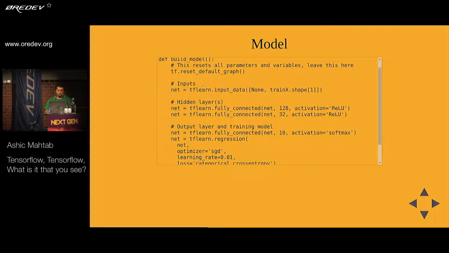So we start off with taking our input data, or we describe our input data. And how you describe that is that you tell it what the shape is. And what this little bit is doing is that it's saying, I don't know how many rows I have, but it will have the same number of columns as my input.